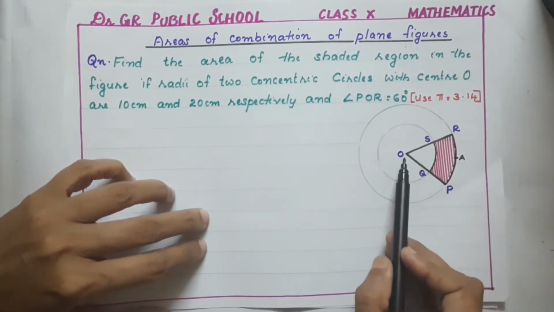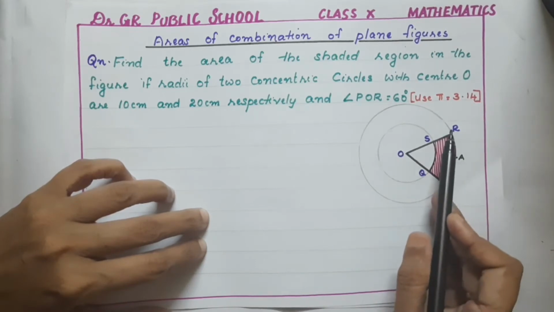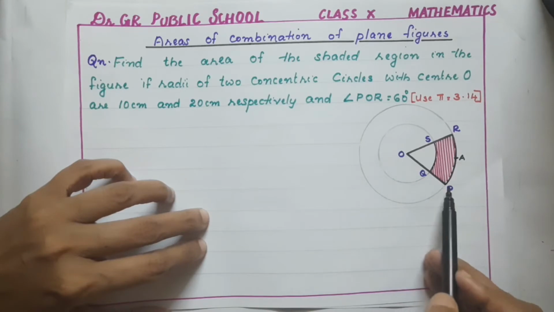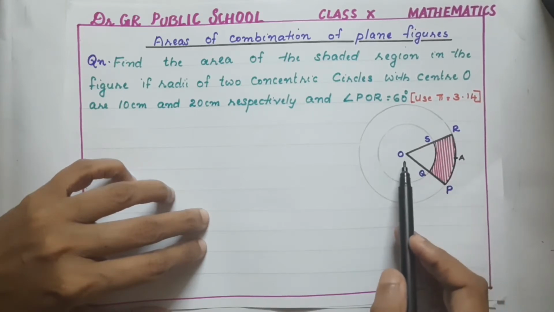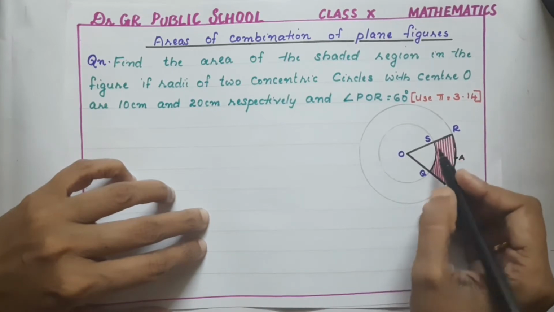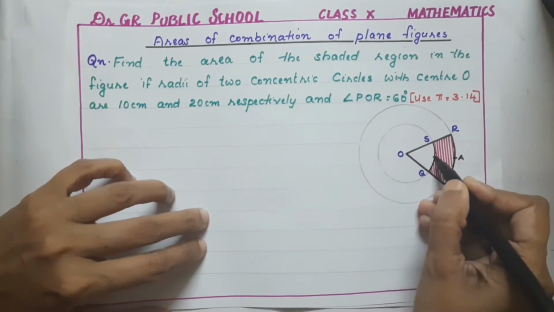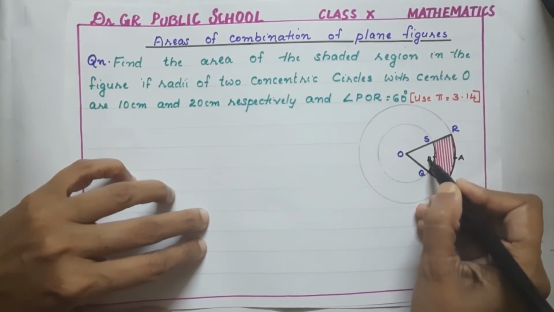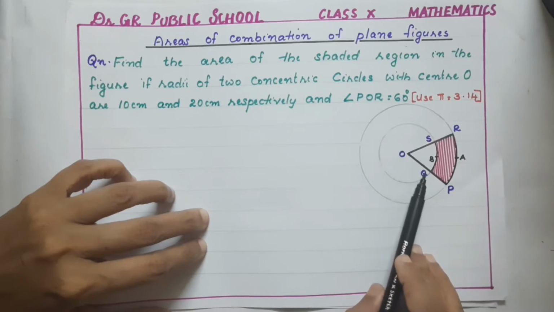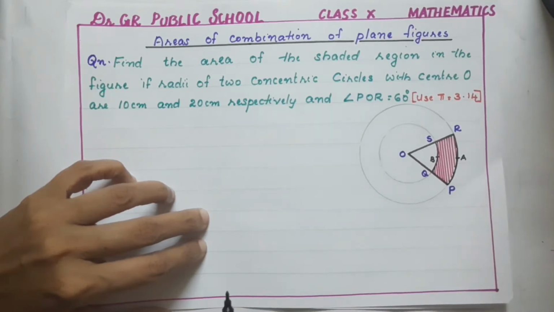So the larger sector is OPAR. So area of the larger sector OPAR minus area of the smaller sector. For naming the smaller sector, I took this point B. So the area of the smaller sector is the area of sector OQBS.